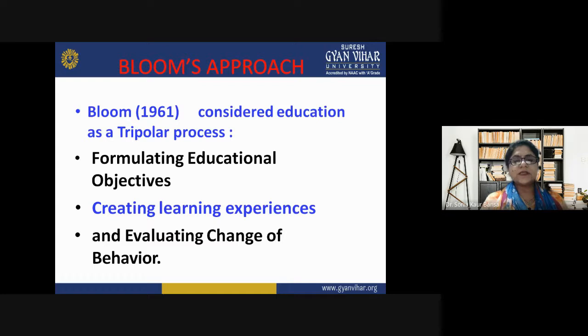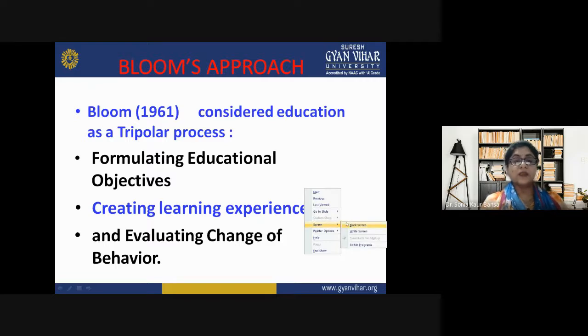Now, let's understand about Bloom's approach. So students, we are talking about Bloom's approach. We have already studied that Bloom considered education a tripolar process, which he explained in 1961.